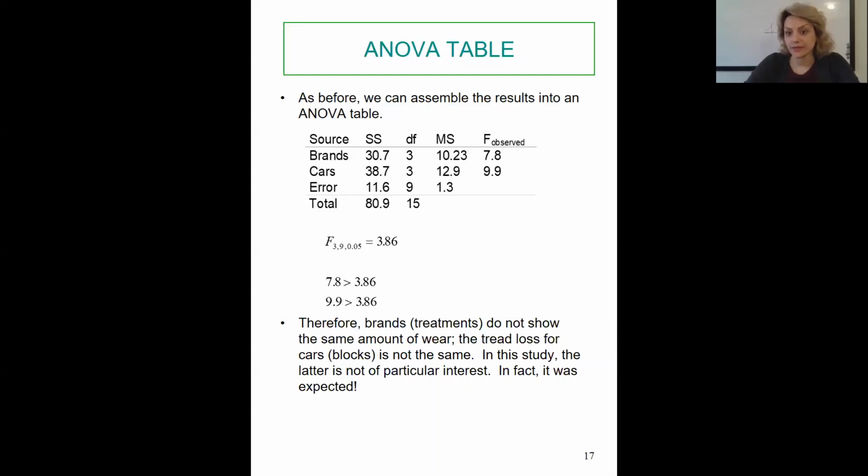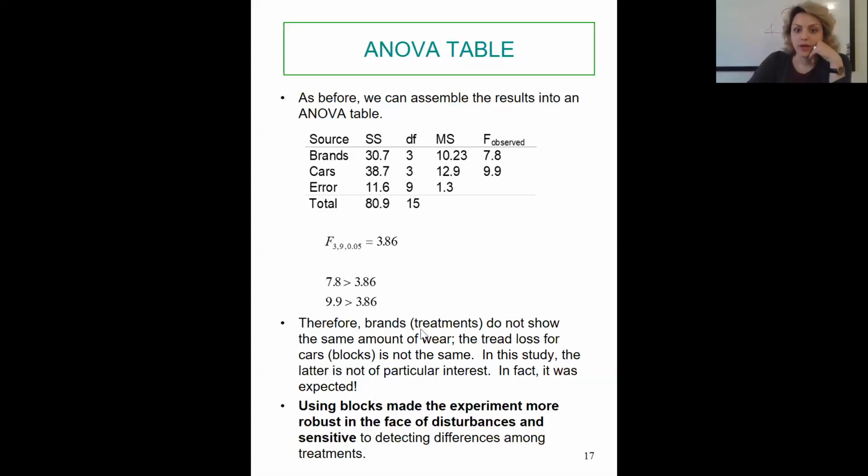In fact, it was expected when we were comparing the blocks. So that's the ANOVA table. Using blocks made the experiment more robust in the face of disturbances and sensitive to detecting differences among treatments, right? When we think about it.